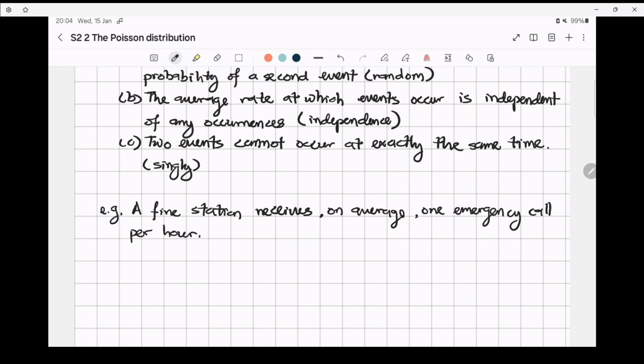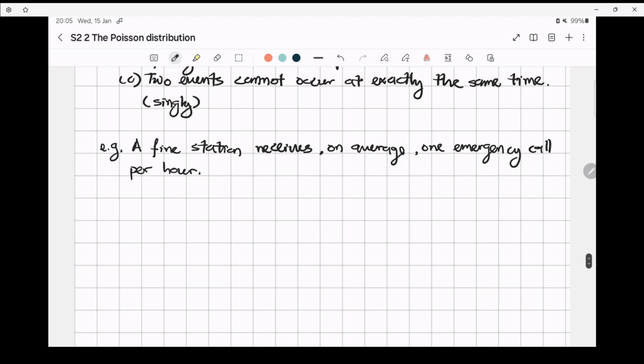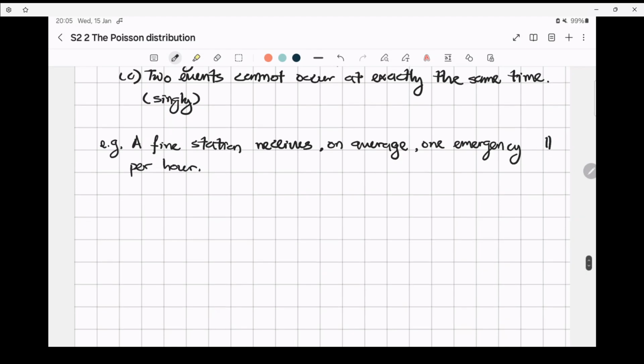If you look at this particular situation, you have an average number of certain events to occur, and this emergency call happens at random. Of course, we would assume that you would not receive two emergency calls at the same time. And then finally, these events are given within a certain period of time, which is per hour.